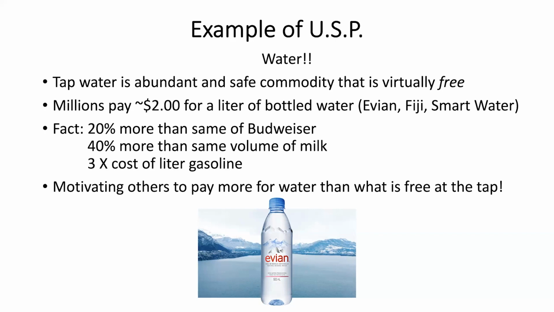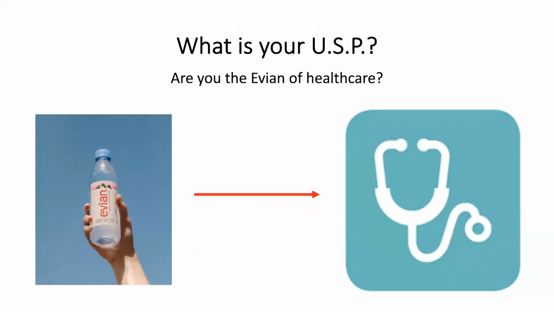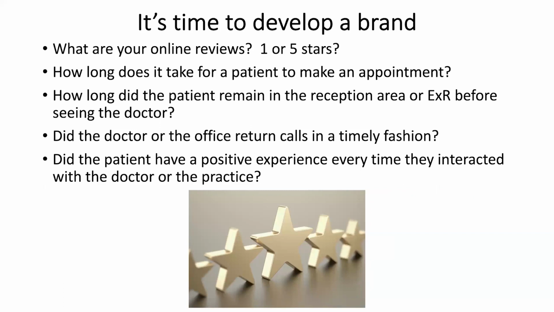So what can you do to motivate others to pay more for water than what is free at the tap? You have to identify your unique service proposition and what can you do to become the Evian of healthcare.